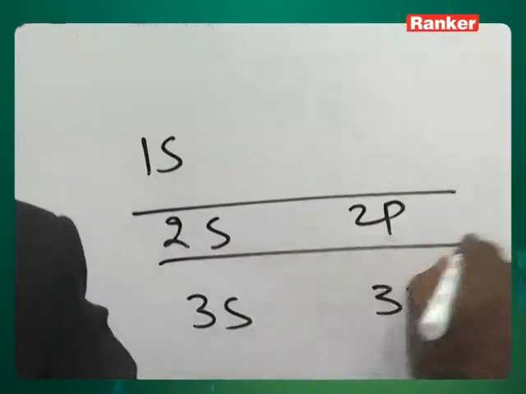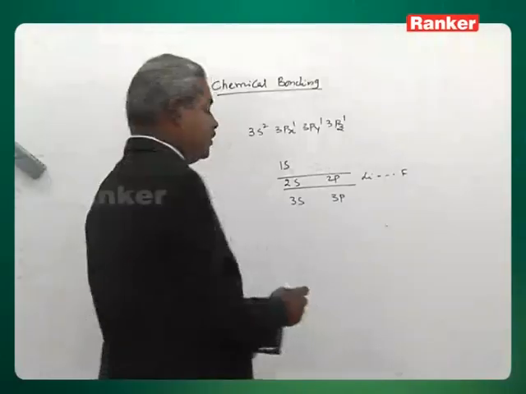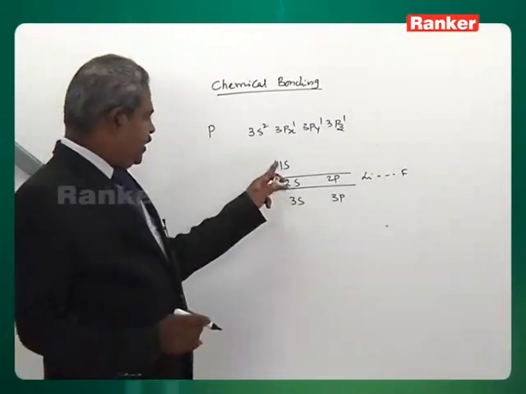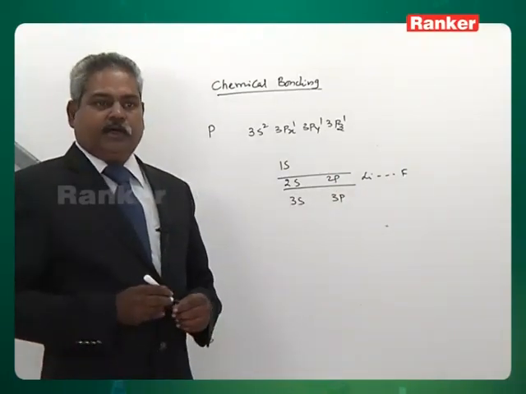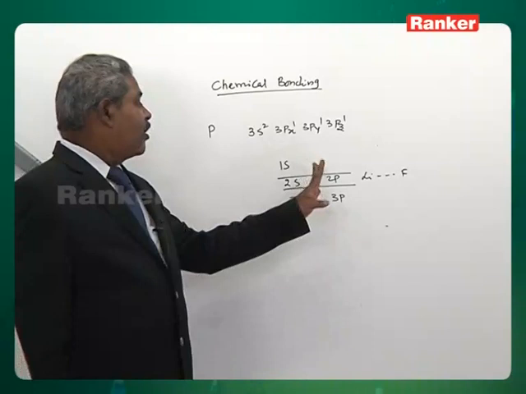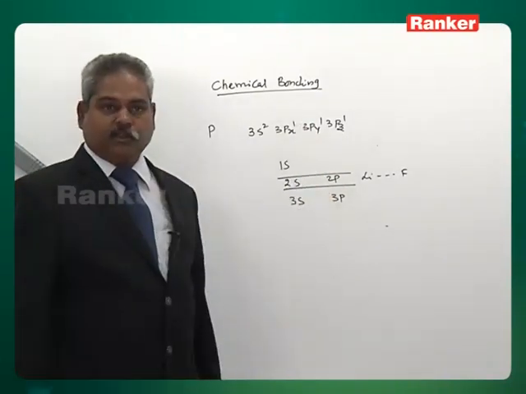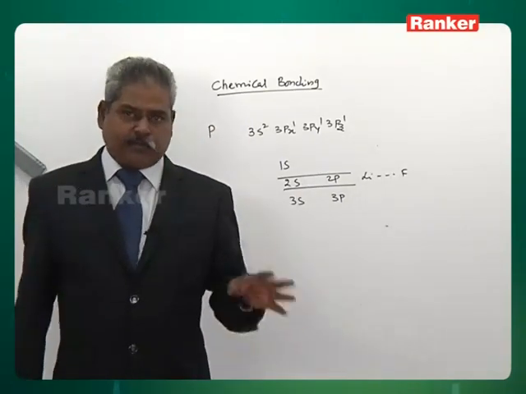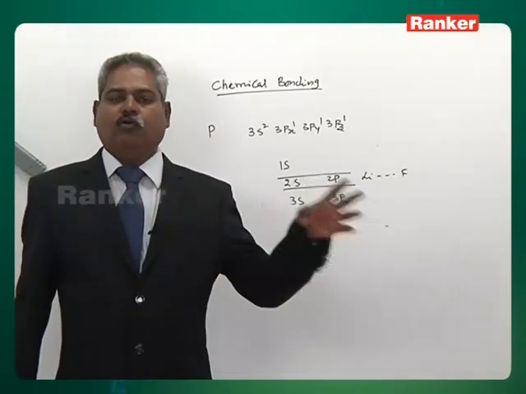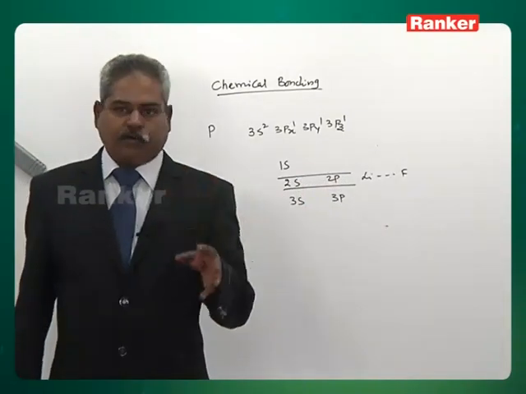Elements of the second period, lithium to fluorine, have only s and p sublevels, and they have only 4 orbitals, 1 s orbital and 3 p orbitals. So their maximum covalency can be 4 only.